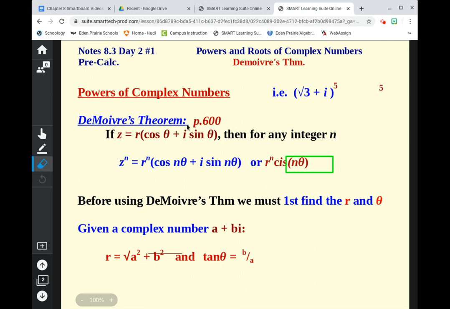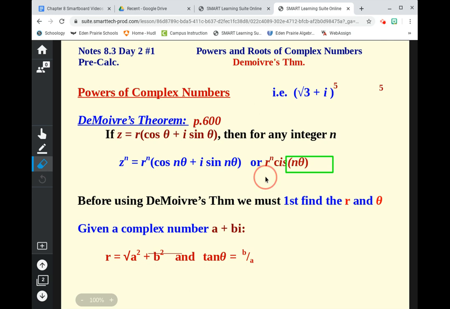Don't worry about this page 600, but it says if z equals r cosine theta plus i sine theta, then for any integer n, z to the power of n, whatever power we're talking about, in this case the fifth power, equals r to the power of n times the cosine of n times theta plus i sine n times theta.